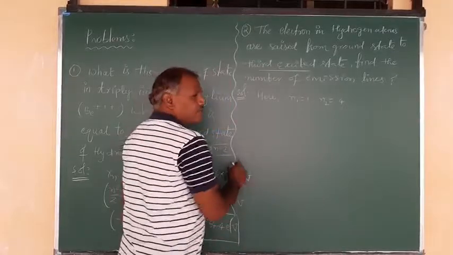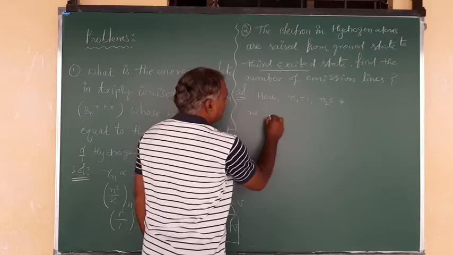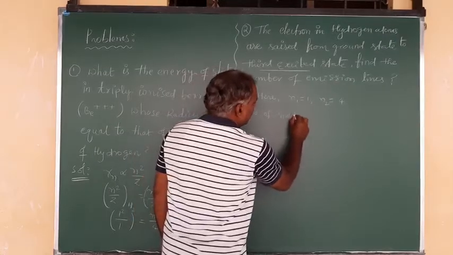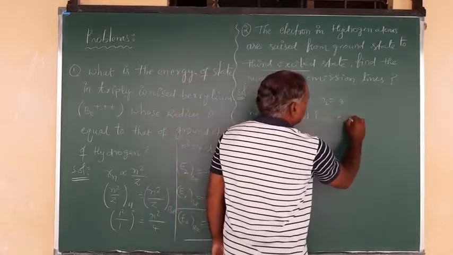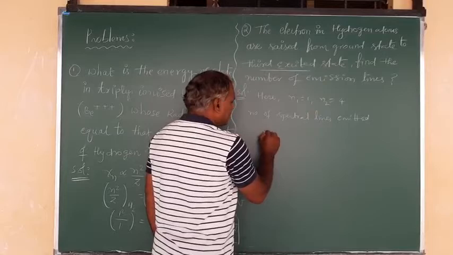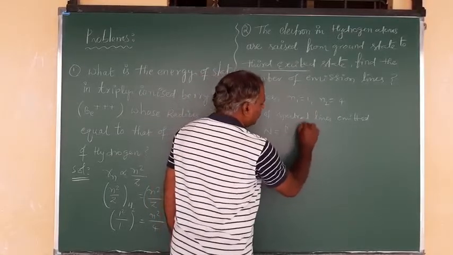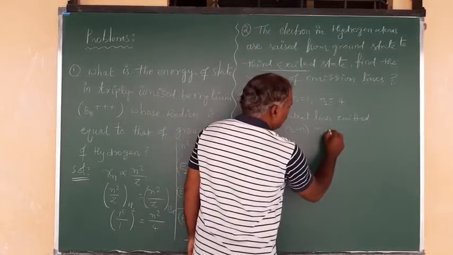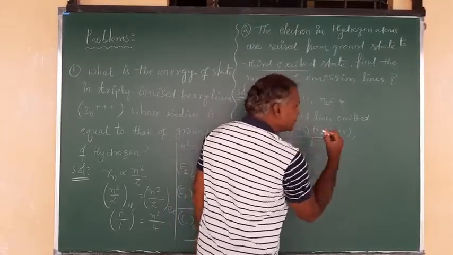Then for the number of spectral lines emitted, you have the equation. The number of spectral lines emitted, n is equal to (n2 minus n1) into (n2 minus n1 plus 1) upon 2. So this is the equation.